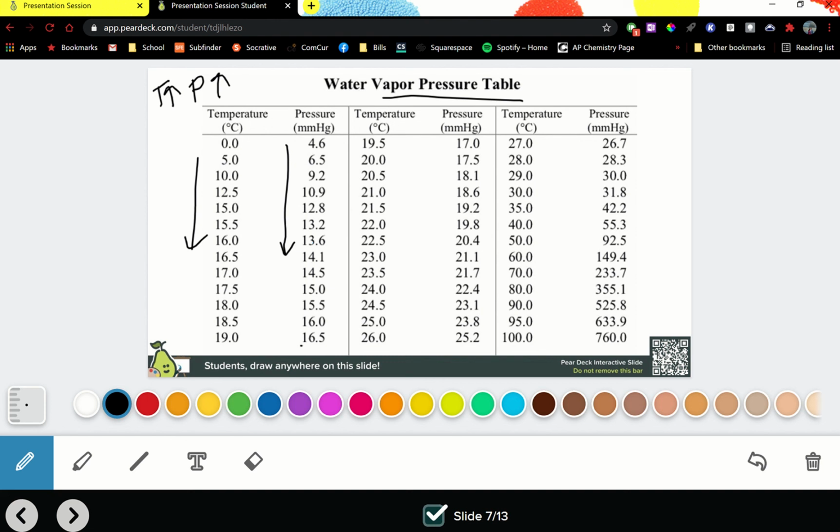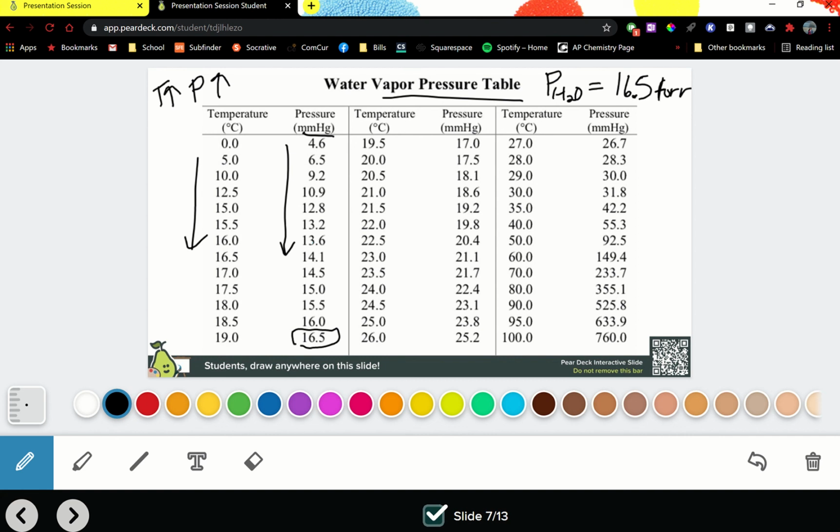So this would be like the vapor pressure of water at 19 degrees Celsius. My P of water at 19 degrees would be 16.5. My units in this case are mmHg, millimeters of mercury, or we can also put torr, because that's one that we're going to use a lot more here. Those are interchangeable, as we've talked about before.